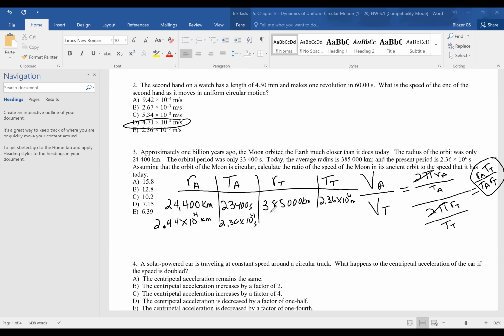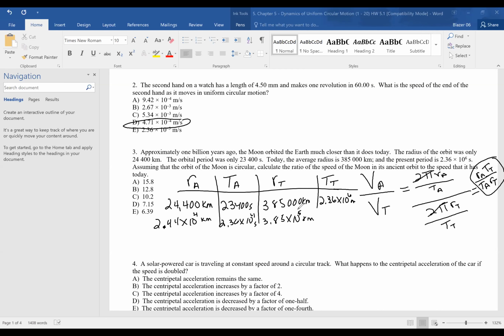Right here, we should say 3.85 times 10 to the 5 kilometers. And the reason we want to do that is because using the exponential form, writing these numbers in scientific notation, actually makes the number a lot easier to manipulate.